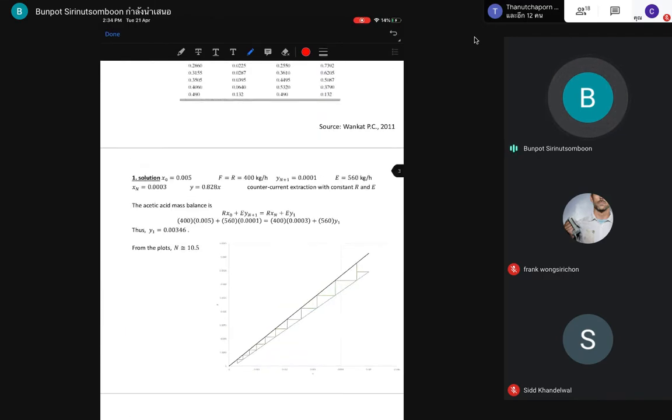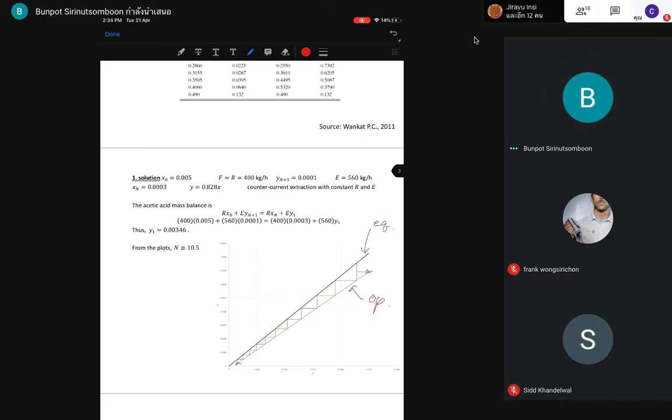I use the graphical technique to solve, and the equilibrium line is given here. So I have to plot the operating line, the blue line here. You just need to find 2 points.